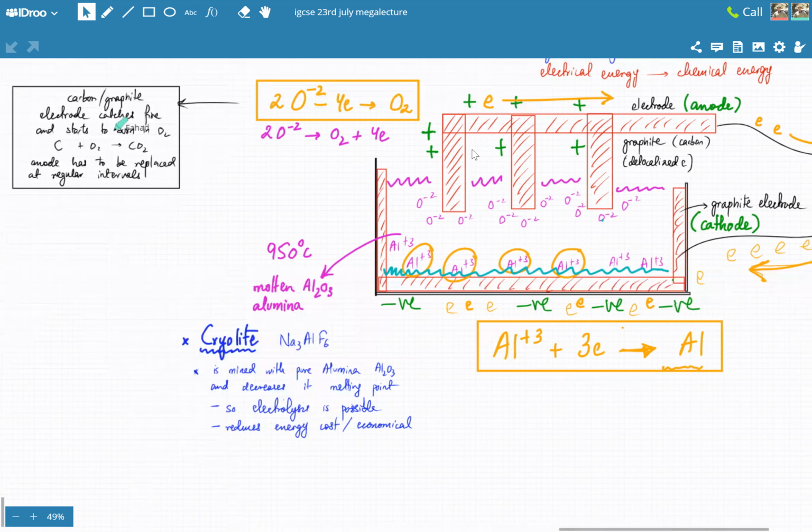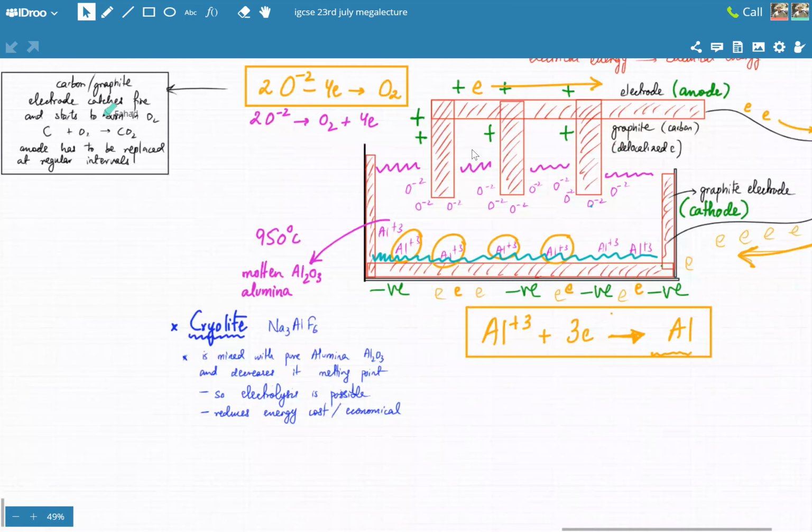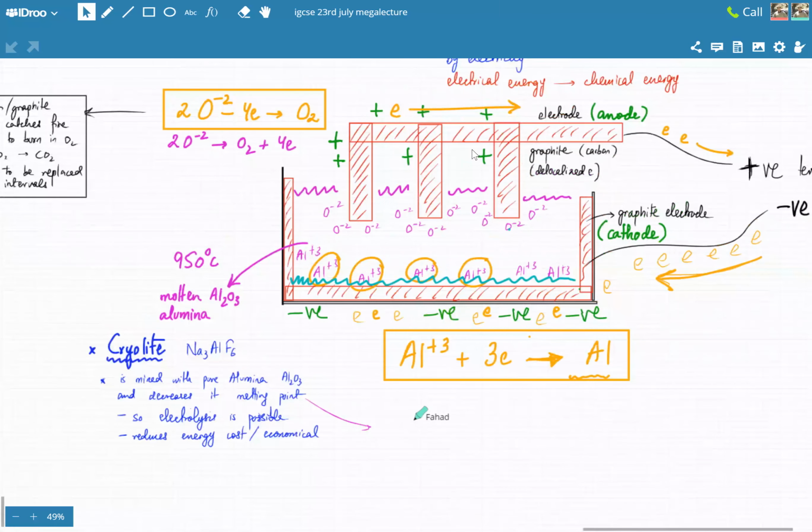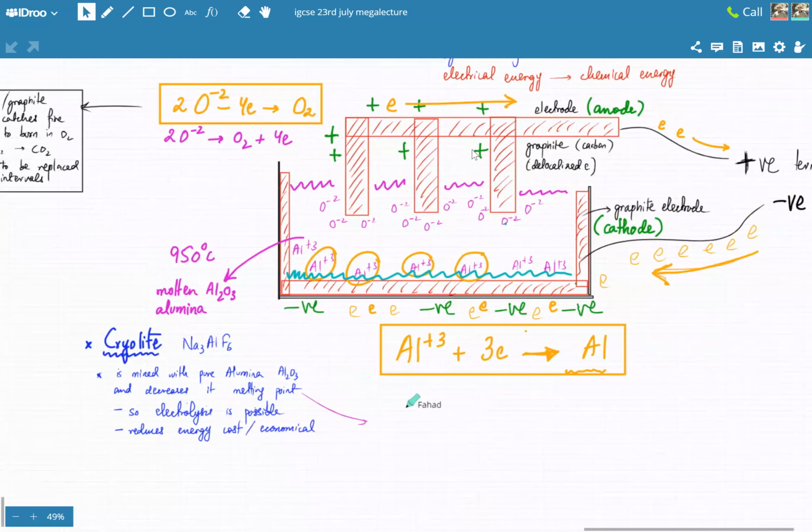Then, last time there was a question about Na3AlF6. The question was, if you add cryolite, isn't it an impurity, and wouldn't it mix with the substance and make the aluminium impure?